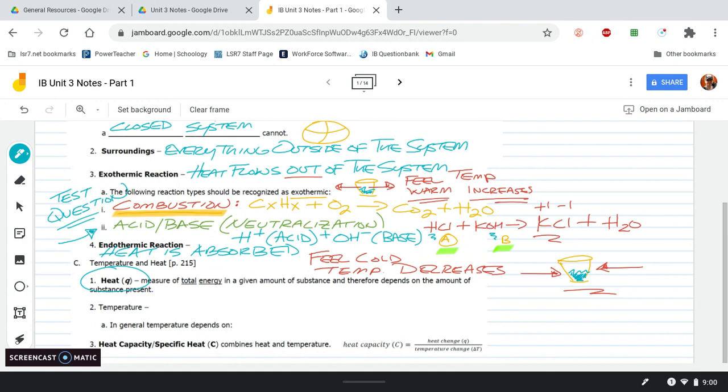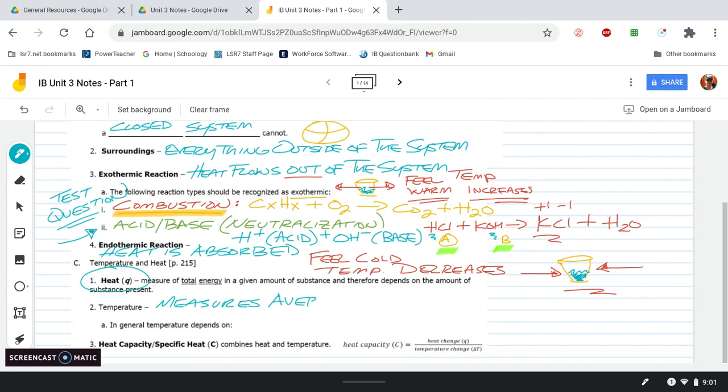And so what we start to look at is that heat and temperature are related, but they are not going to be the same exact thing. So what is temperature? Temperature measures average kinetic energy.